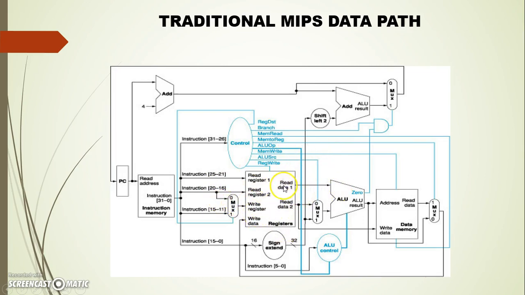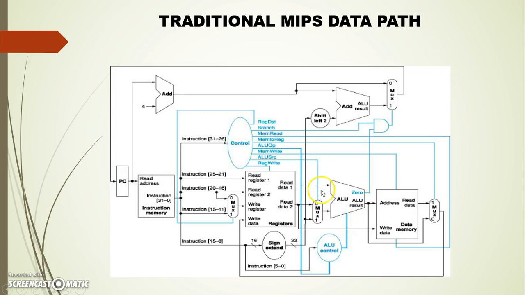Now the proper data, based on the addresses provided here, will be fed to the ALU. The ALU performs all the arithmetic and logical operations. The mux here selects whether the second operand for the ALU will be data from a register or a 16-bit immediate value.